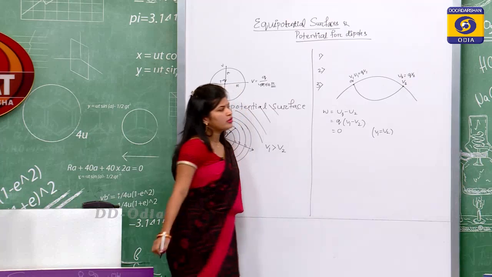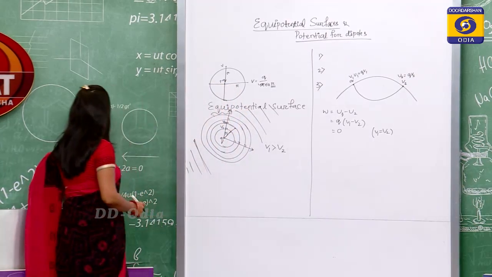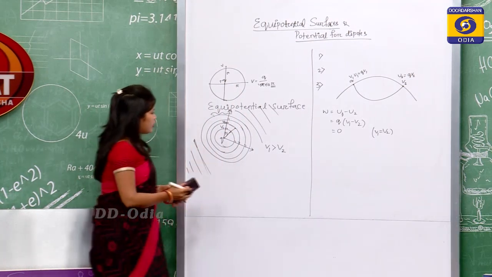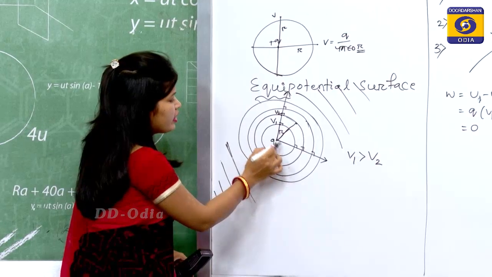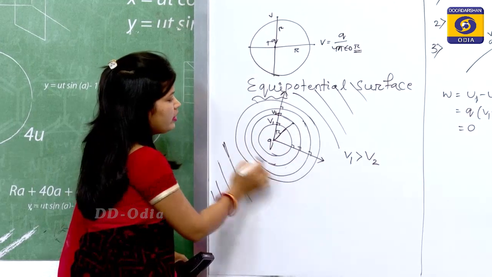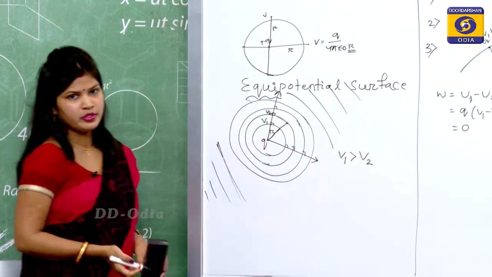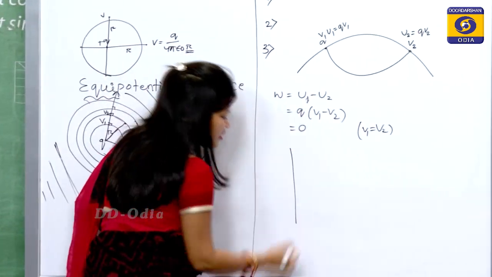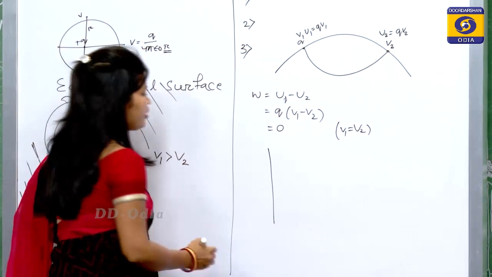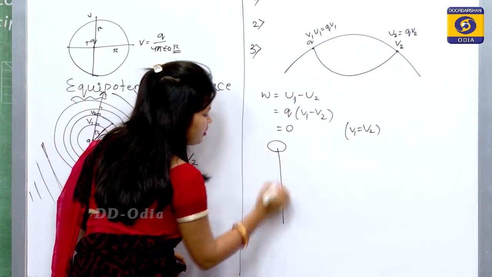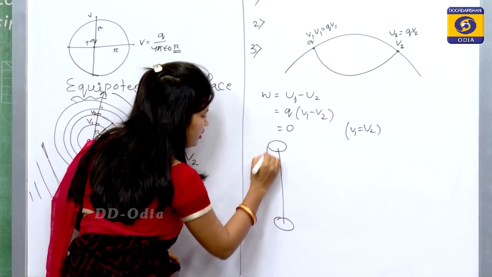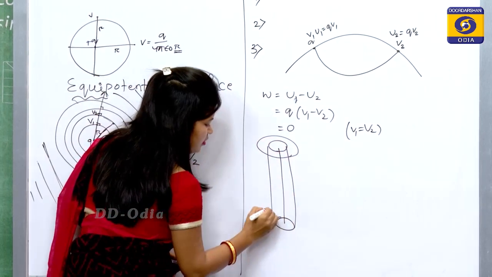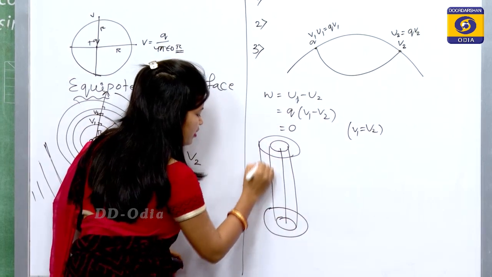Okay. Now, let us discuss the shapes of the equipotentials. You see, for the point charge, the equipotential surfaces are spherical surfaces. Okay. Suppose you have the line charge, then what will be the shape? The shape is a cylindrical shape, like this.